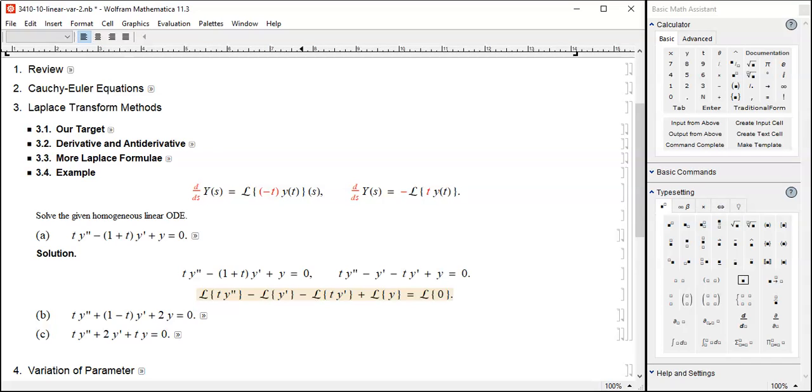The Laplace transform is linear, so I can break all these up, and then we have the right-hand side there. The Laplace transform of 0 is 0, and the Laplace transform of y is capital Y, no problem there. This one, the Laplace transform of y prime, I hope everybody remembers, is the input derivative formula, and this is something we have been using all the time, going all the way back to chapter 2. If you're unsure, you can always go back to page 123, the Laplace table. Those two are problems.